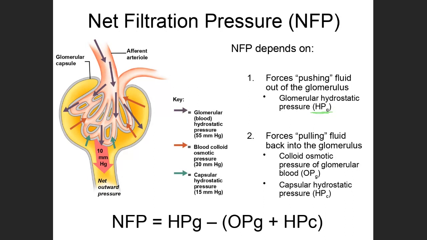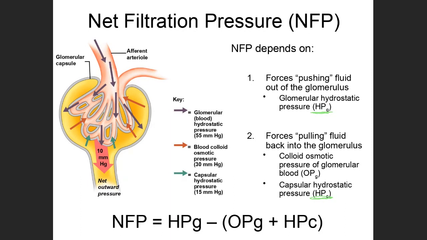So the first of these is the capsular hydrostatic pressure, also known as the HPC. We've talked about this idea that blood is pushing substances out of itself into this capsule. And so we're getting a lot of fluids and small proteins and other things building up in this capsule.